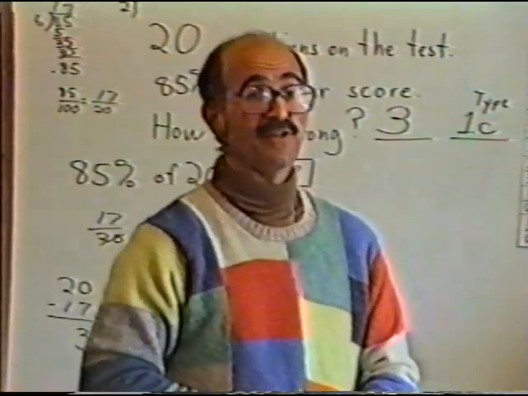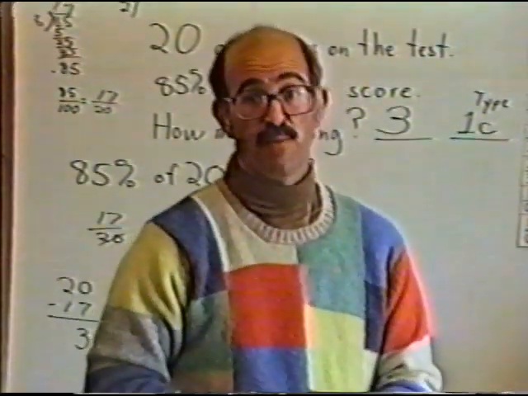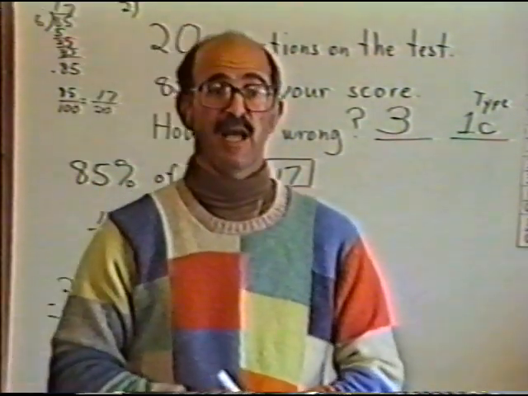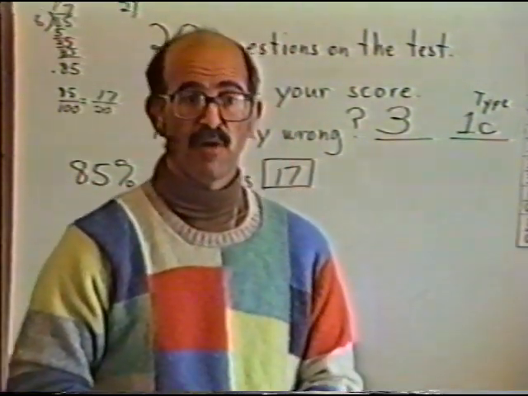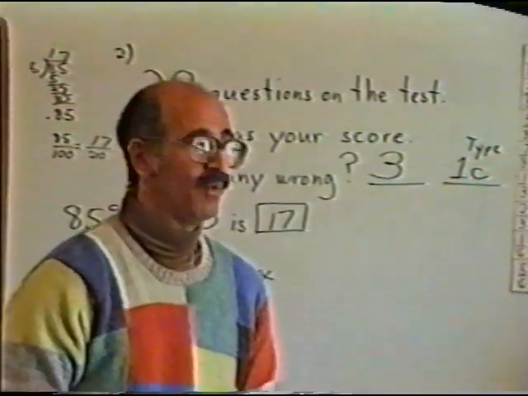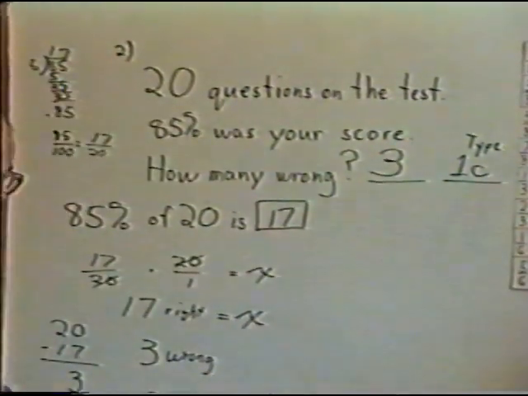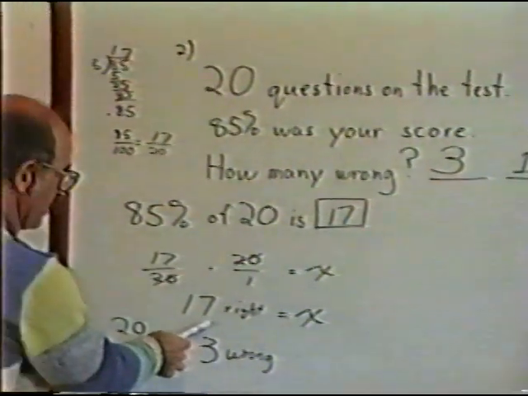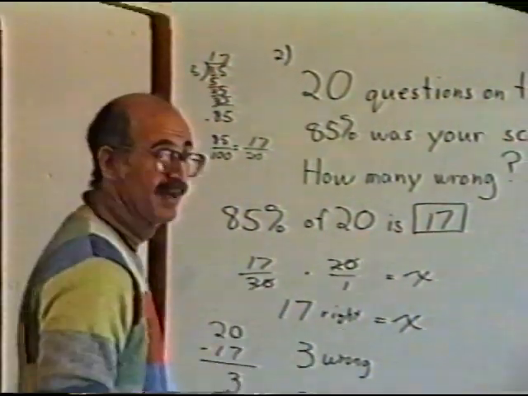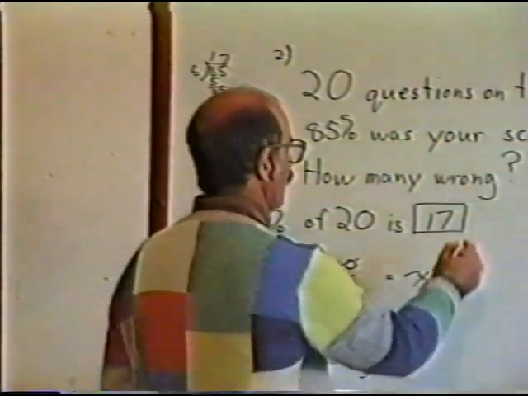But I said there's another way to do that one, because when you have a curveball, you have a choice as to whether to handle the curveball at the beginning of the problem or at the end. When we did it here, we took care of the curveball at the end. We found out how many were right and then subtracted to find out how many were wrong.